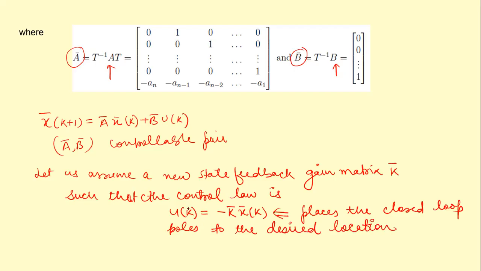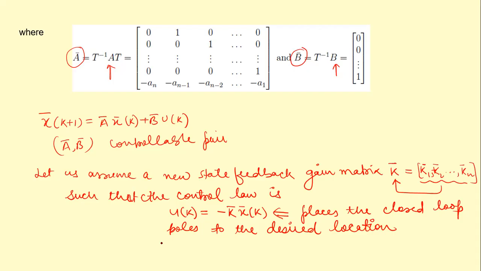That means this control law is also capable of placing the closed loop poles on the desired location, right? Now here this k bar is equal to k1 bar, k2 bar, and similarly up till kn bar. So these are the elements of this matrix K, right?